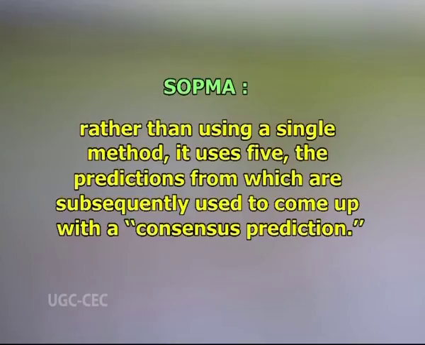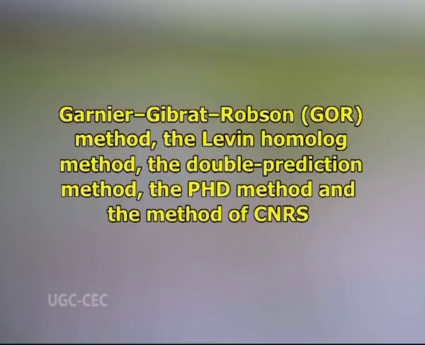Rather than using a single method, it uses 5, the predictions from which are subsequently used to come up with a consensus prediction. The 5 methods used are the Garnier-Gibrat-Robson method, that is GOR method, the Levin homologue method, the double prediction method, the PHD method, and the method of CNRS itself called SOPMA.